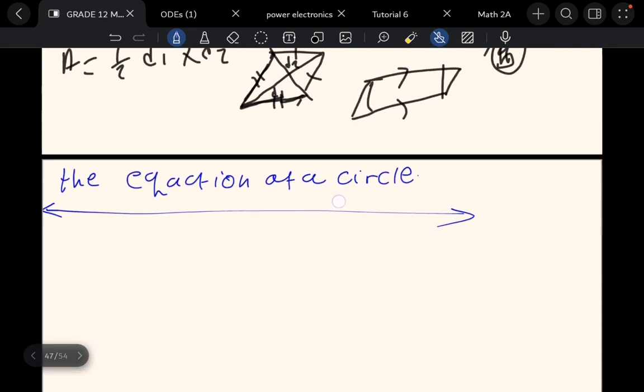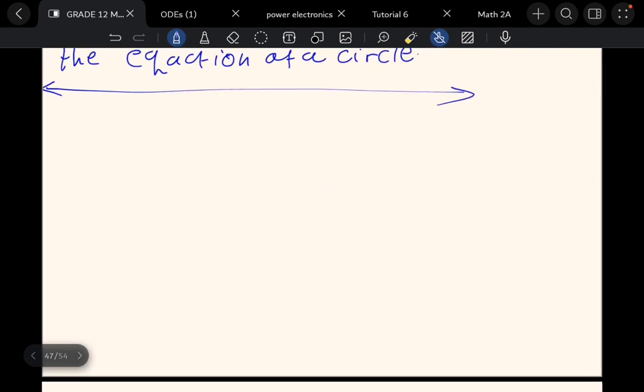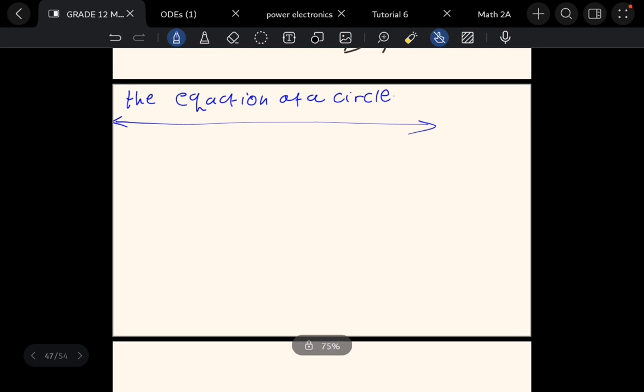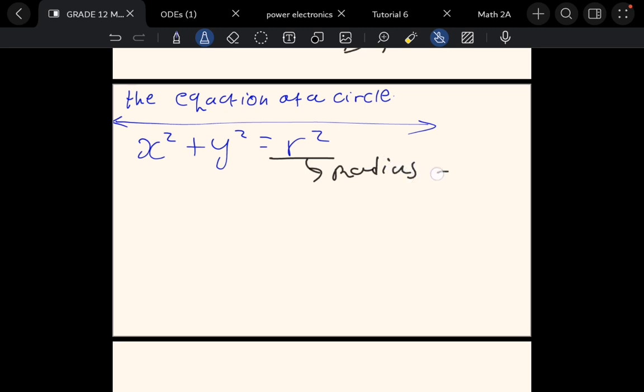Now we know that the equation of a cycle is given by x squared plus y squared is equals to what? R squared, right? This is going to be the radius squared.